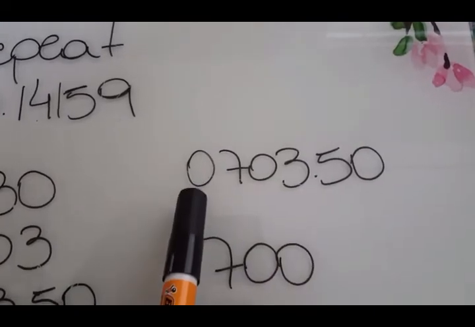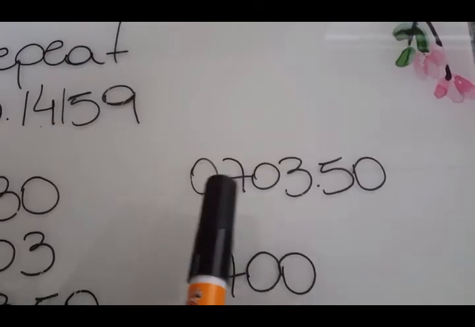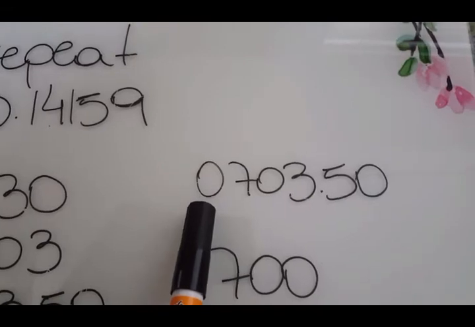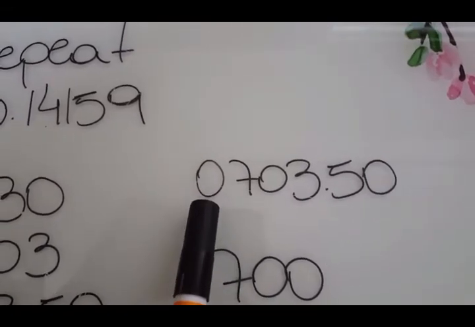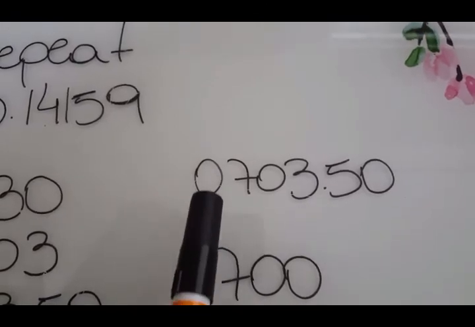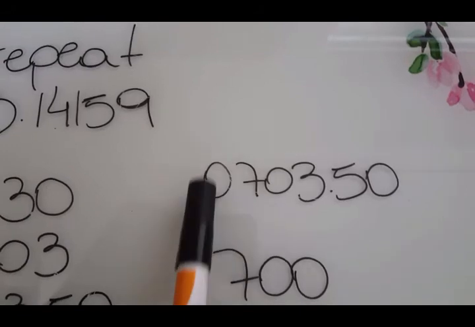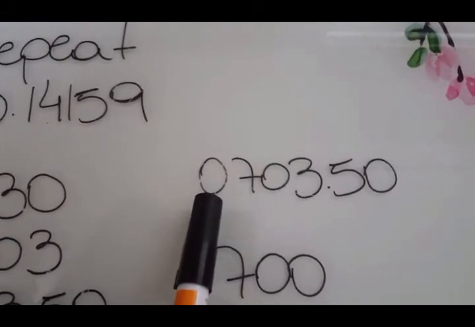And this 0 here is not between 2 significant numbers, and it's also not the last decimal number. So this is not significant.